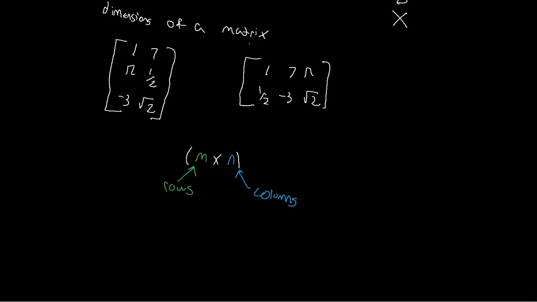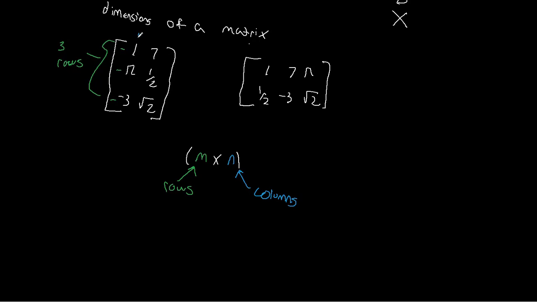So let's go ahead and look at these two examples here to make sure that we have a good understanding of the dimensions of a matrix. So in this case, we have 1, 2, 3 rows, so we have 3 rows. Okay.